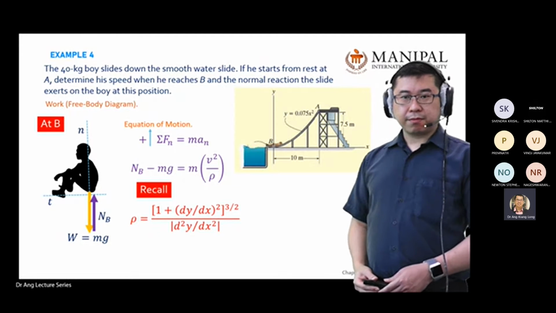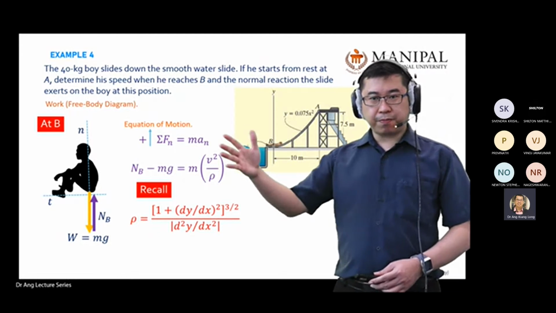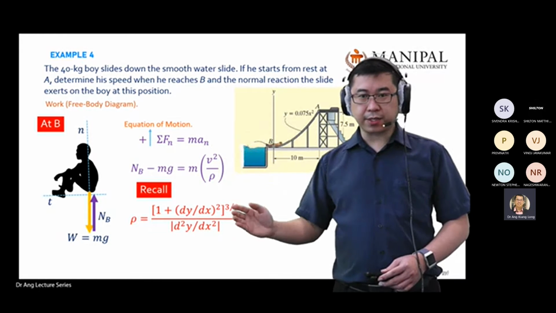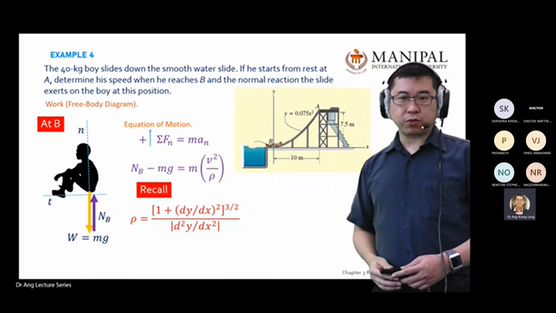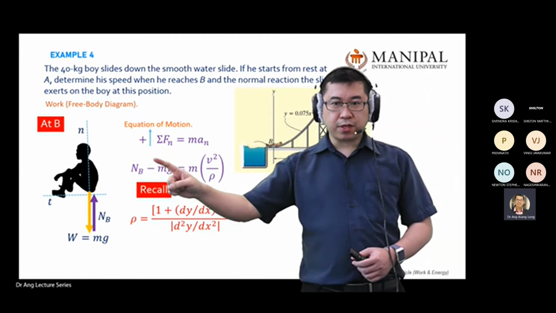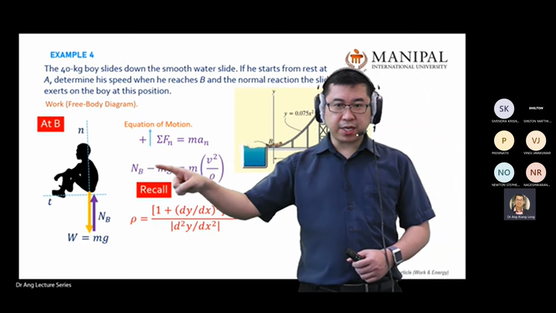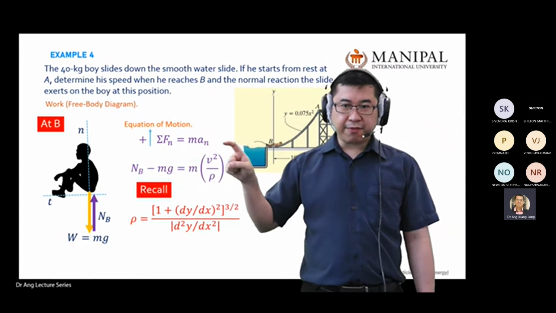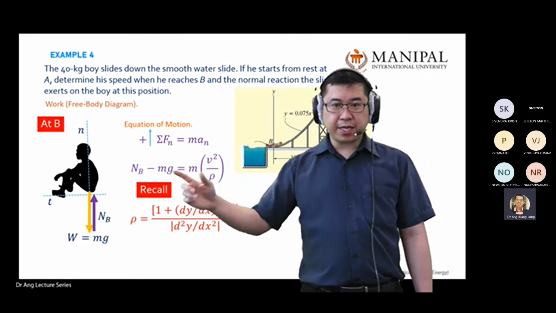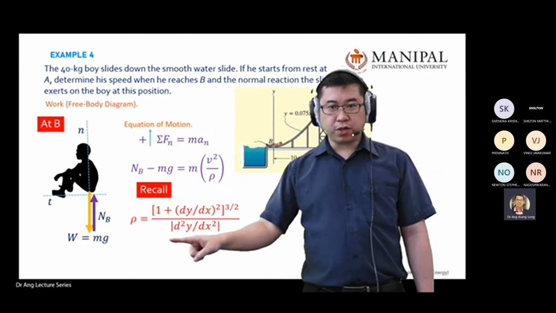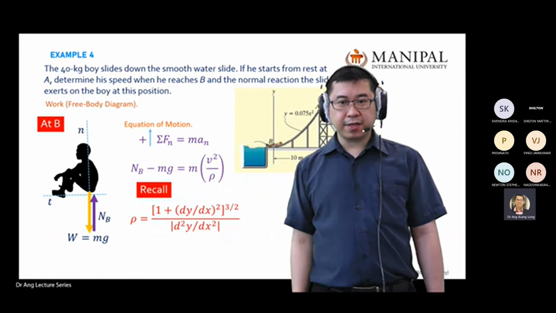Okay, so at this moment, if you manage to capture this equation and this equation, the rest is just substitution, because you can find your NB. Here you have M, you have G, you have M, velocity at B you already found just now, rho you do your differentiation step here.